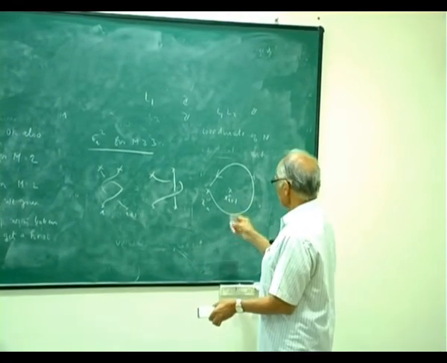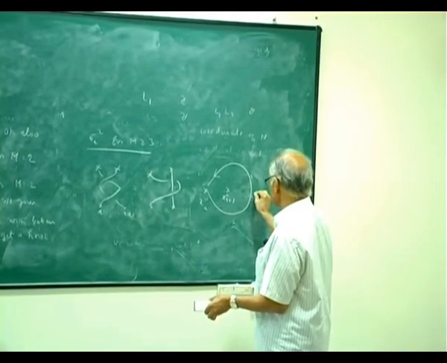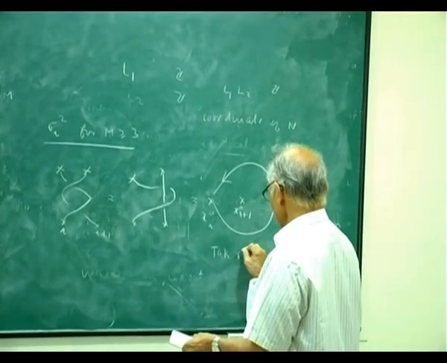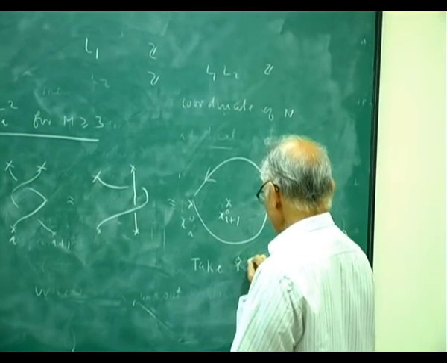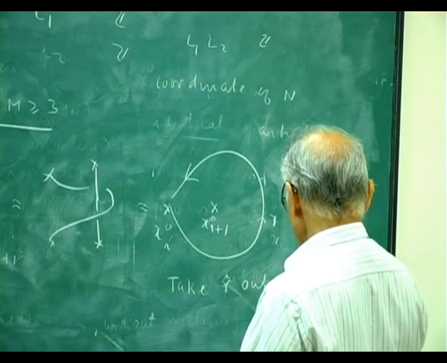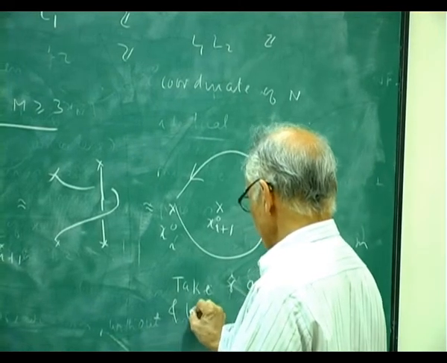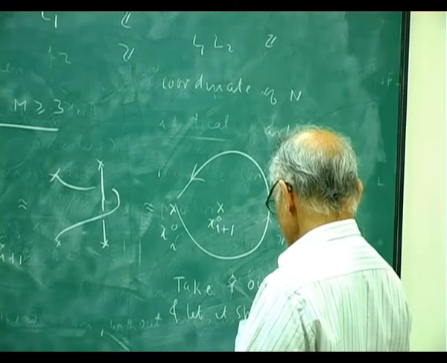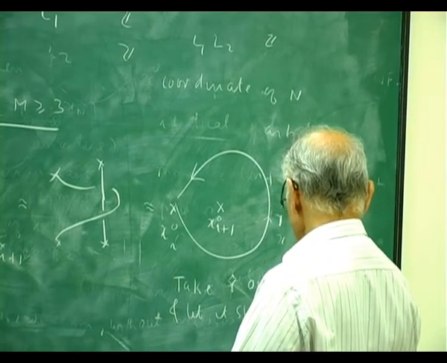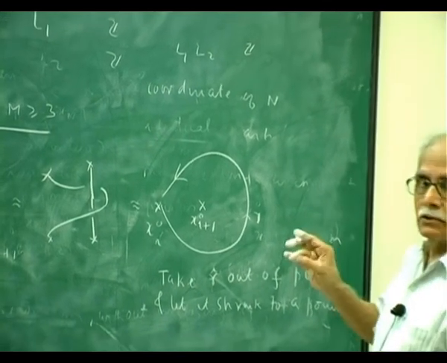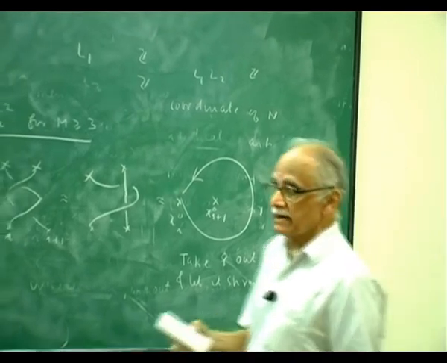So take this loop, take this gamma out of the plane, and let it shrink to a point. So what has happened is that sigma_i squared is the identity in 3 or higher dimensions.